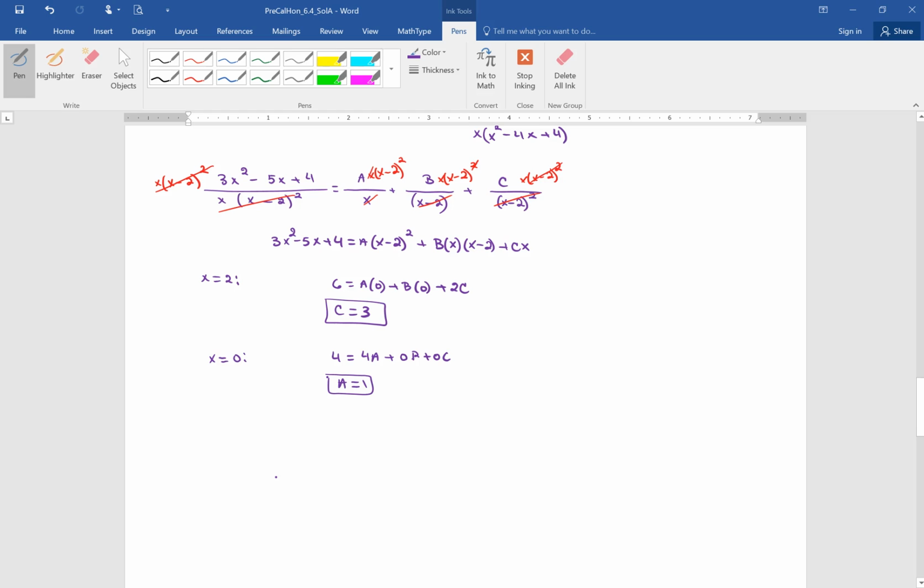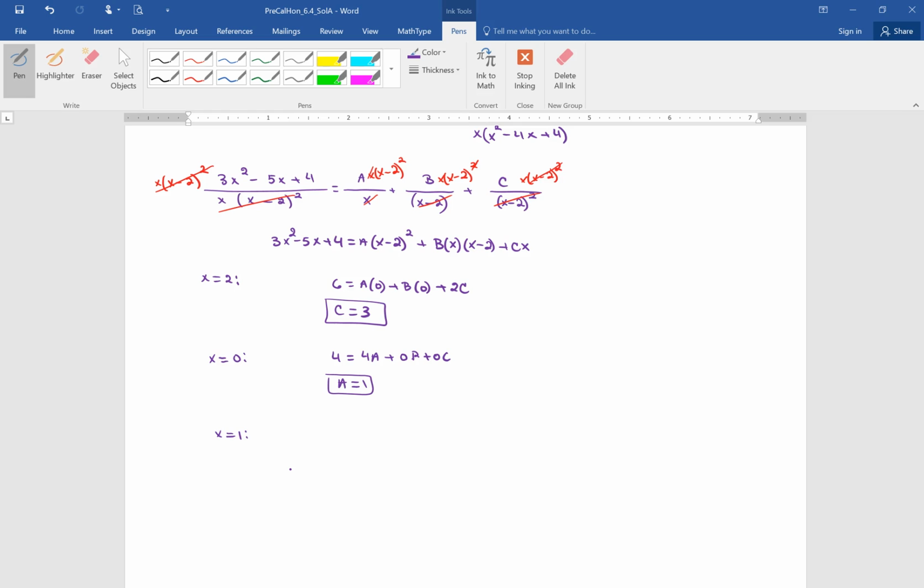Now I still need to solve for B. Just because I ran out of numbers to make some of these terms 0, it doesn't mean that I can't plug in any old random number. I could plug in x equals 254 or x equals 1. So let's plug in x equals 1. You can plug in anything.